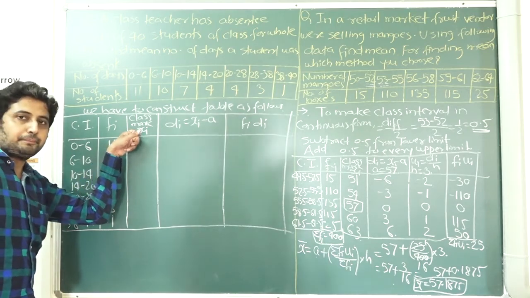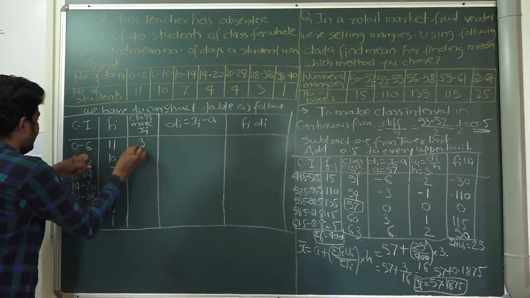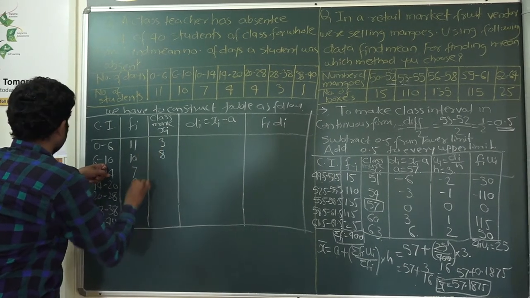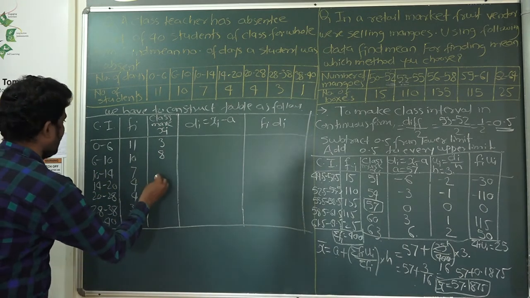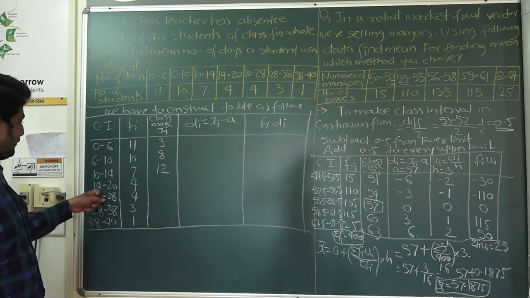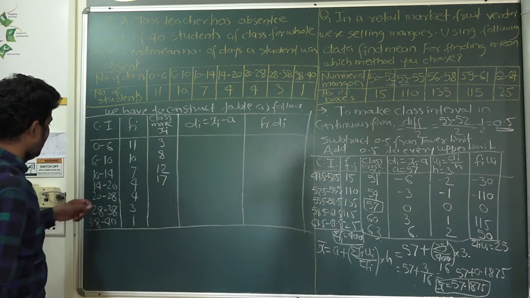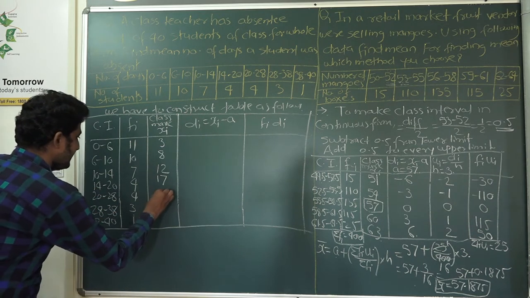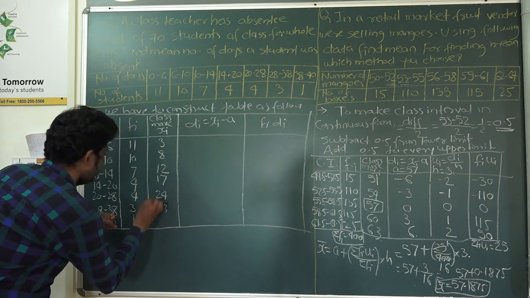The next column is the class mark, where we add the lower and upper limit and divide by 2. 0 plus 6 by 2 is 3. 6 plus 10 is 16, 16 by 2 is 8. 10 plus 14 is 24, 24 by 2 is 12. 14 plus 20 is 34, divided by 2 is 17. 20 plus 28 is 48, 48 by 2 is 24. 28 plus 38 divided by 2 becomes 33.